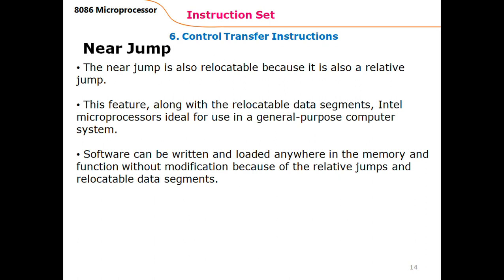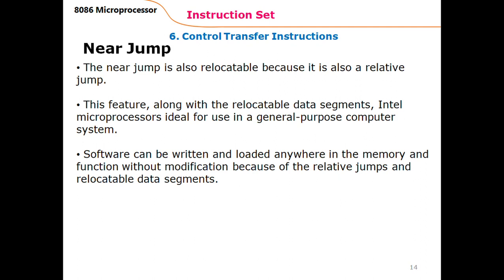And this feature, along with the relocatable data segments, makes the Intel microprocessor ideal for use in a general purpose computer system, because in a general purpose computer system, a program might be loaded in one location today, but tomorrow it may be loaded in another part of the memory. And as the jump addresses are relative to the existing location of the jump, the overall operation of the jump instruction will not change.